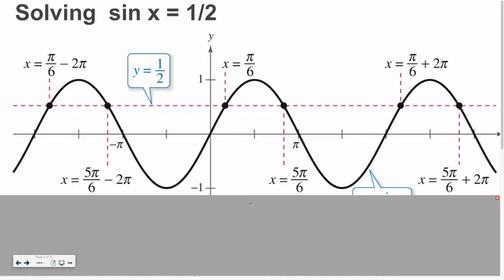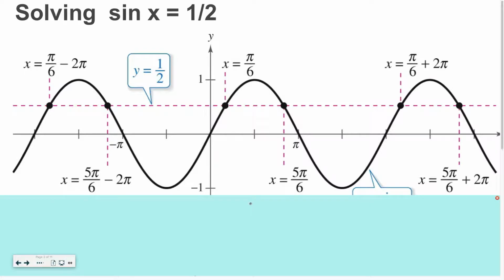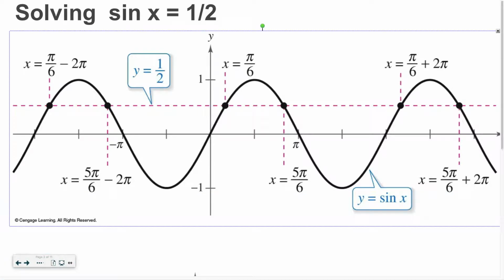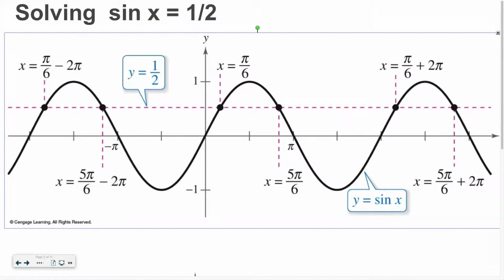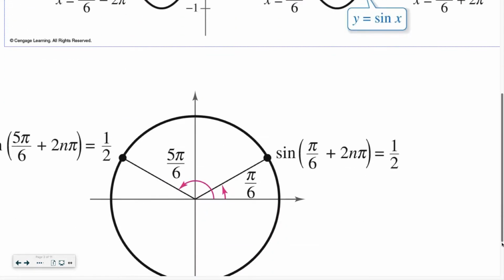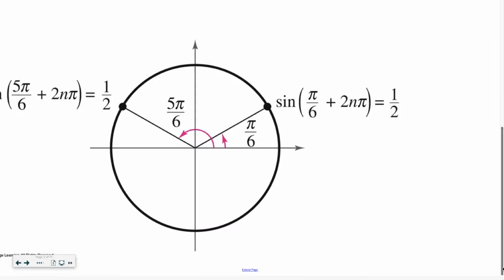A lot of you are picturing the unit circle, right? Okay, here's our unit circle. Here are the two places you were picturing of where the sine of x equals 1/2.